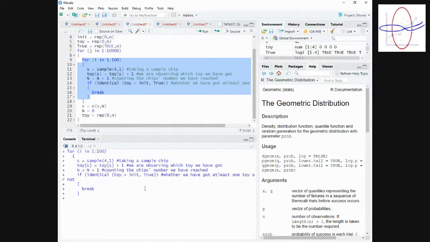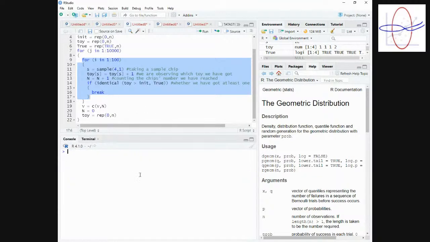Fine. So let's check n. So we have got 5 steps. It came in 5 steps.